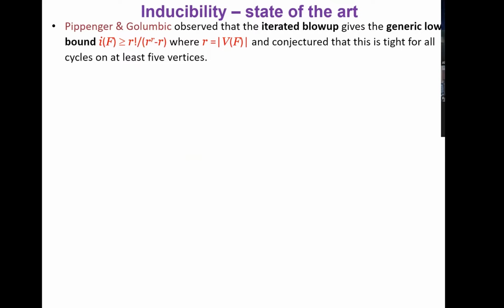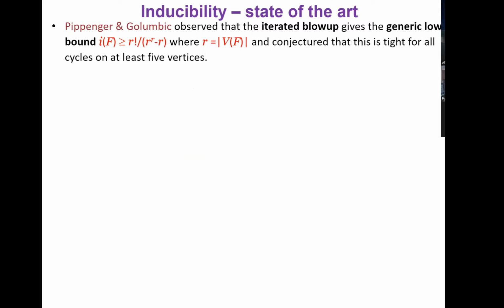Okay. Now, I want to go back to the paper of Pippenger and Golumbic, and what they observed there: there is some generic lower bound for inducibility that only depends on the number of vertices of F. So how do we do that?